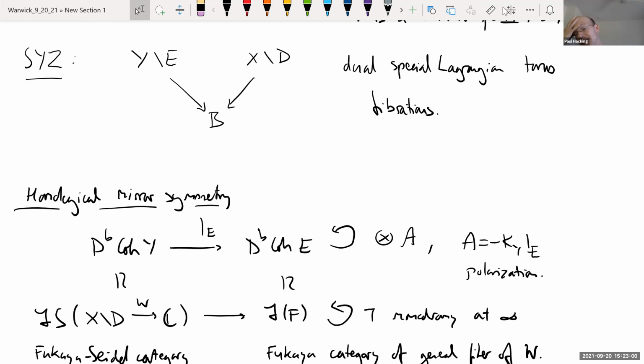You have the derived category of coherent sheaves on the Q-Fano variety Y, and then you have the restriction map to the derived category of coherent sheaves on the K3 surface E. And we also have this endofunctor from the K3 to itself, just given by tensoring by the induced ample line bundle on the K3, so minus K_Y restricted to the K3. So that's the complex side for the Q-Fano.